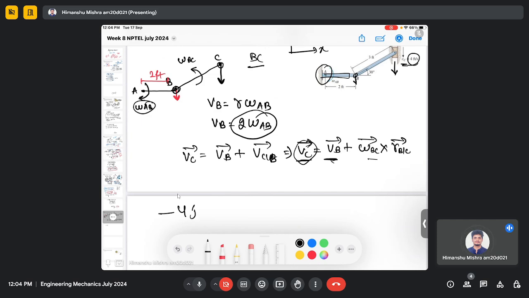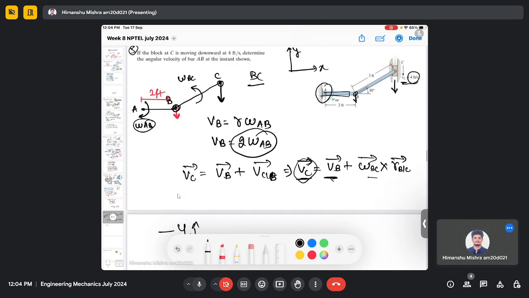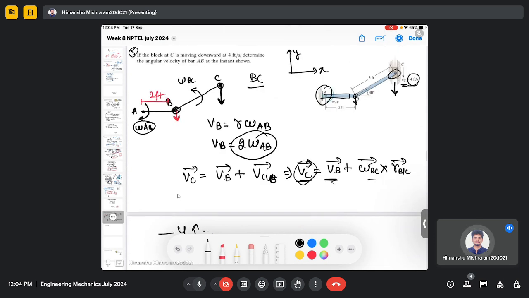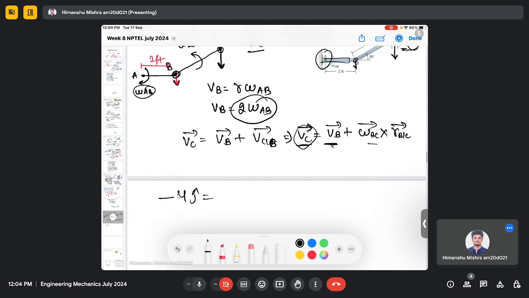There is no horizontal velocity component at point C. Similarly, Vb, since it is going downward here, is 2 omega AB, in the negative y direction, so minus 2 omega AB j cap.